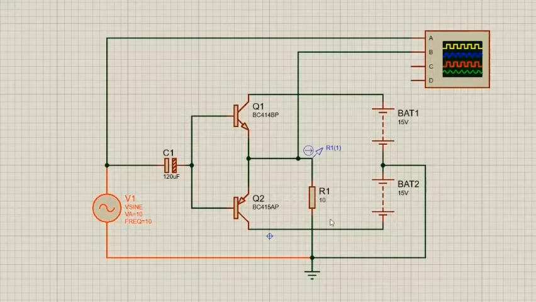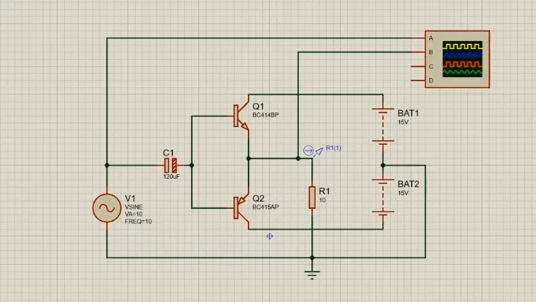For the speaker, I replaced it with a resistor with the same load of 10 ohms, because if I use the speaker for the simulation, it will create noise that can be heard over my explanation. Two batteries or DC supplies, positive 15 volt and negative 15 volt.